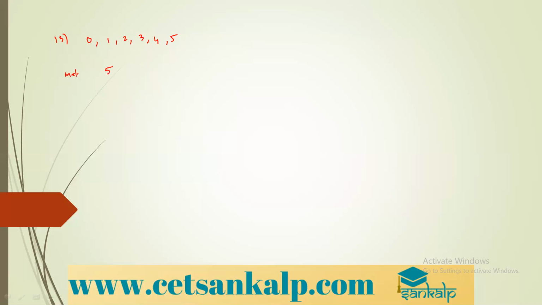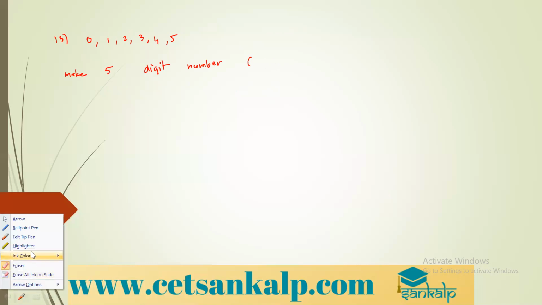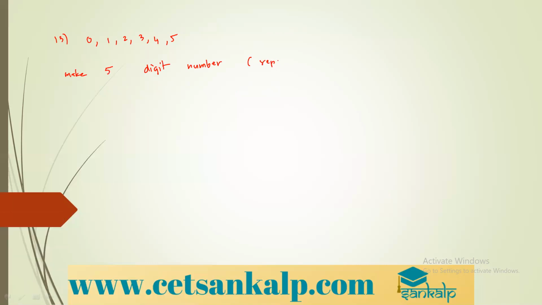Remember, repetition is not allowed. Moreover, when you are making these 5-digit numbers, they must be divisible by 3. So in how many ways can this be done?